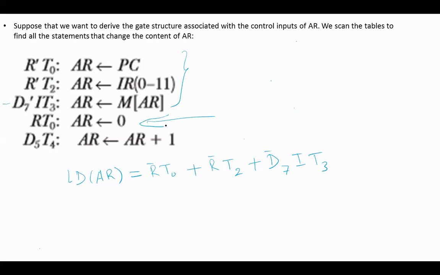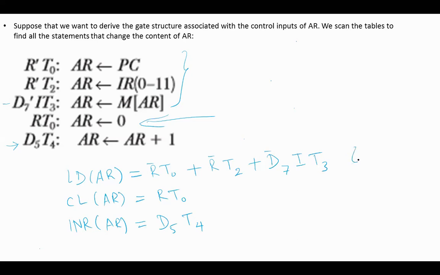Next, the clear input of the address register equals R T0. And the increment input of the address register equals D5 T4.